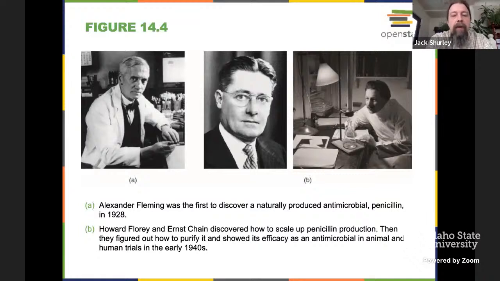They were able to purify it and show the effectiveness, the efficacy of it in animal and human trials in the early 1940s, which in turn set the stage to start widespread use. And again, one of the thoughts was for helping soldiers in combat as they're treating all sorts of issues.